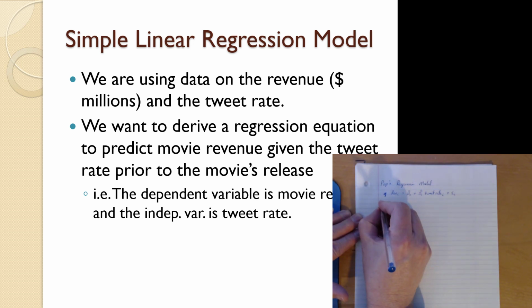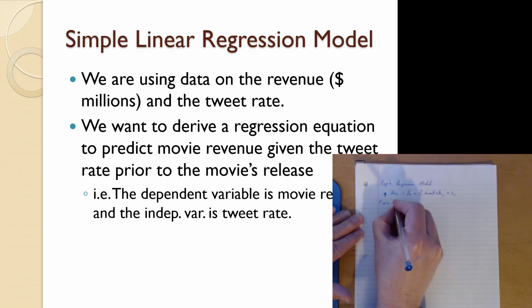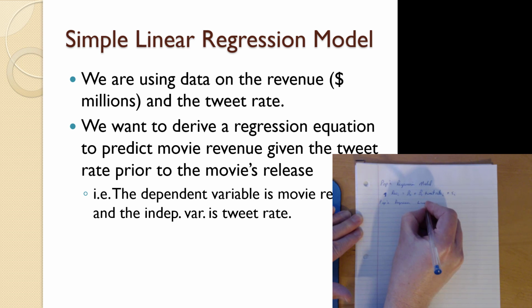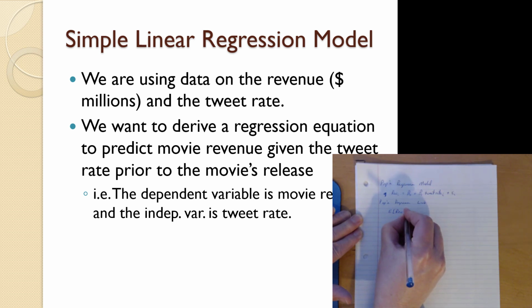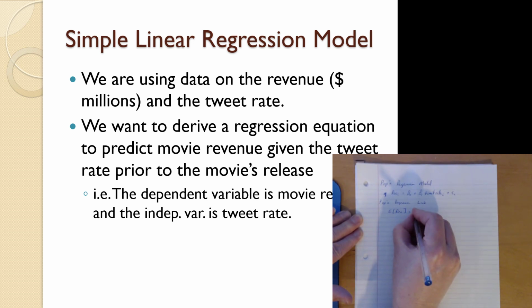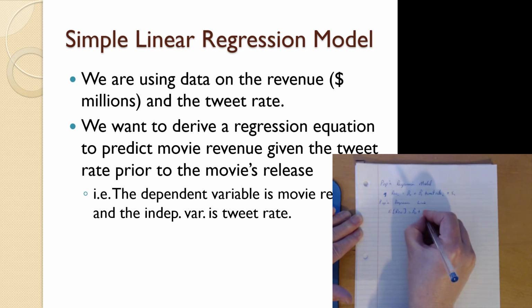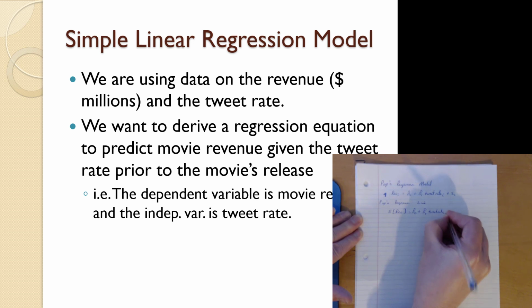We'll have a population regression line, and that's just the expected value of revenue is equal to beta 0 plus beta 1 times the tweet rate as well.